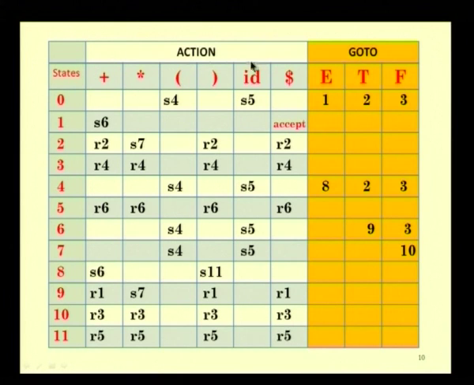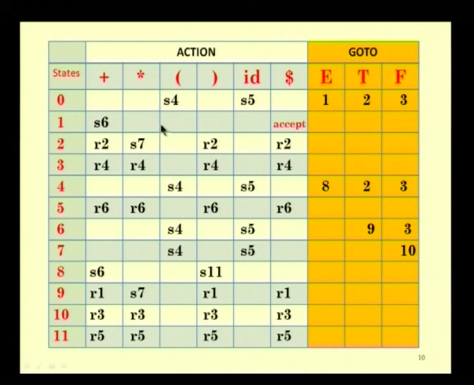The action component is defined for all the terminals available in the grammar with an additional terminal called dollar, denoting the end marker of any string: plus, star, opening bracket, closing bracket, id and dollar. The goto component is meant for the three variables E, T and F.